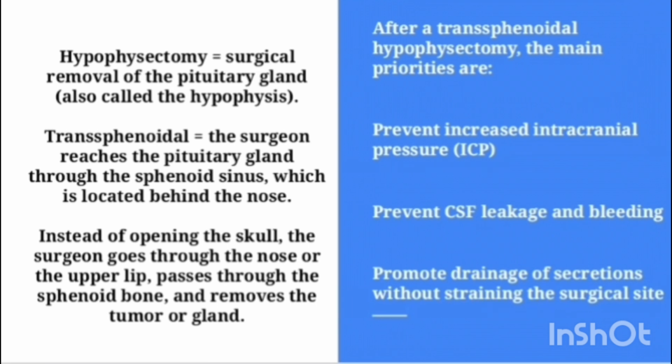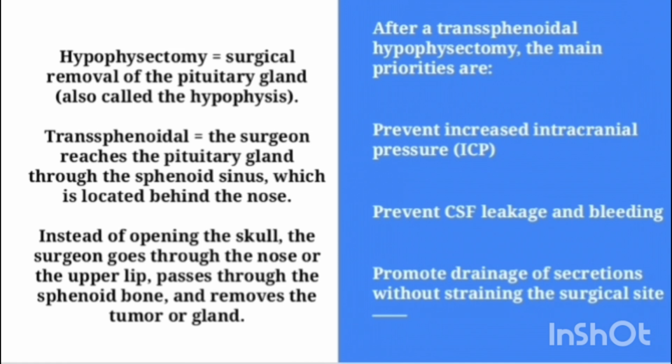Transsphenoidal means the surgeon reaches the pituitary gland through the sphenoid sinus, which is located behind the nose. That means without opening the skull, the surgeon does the removal of the pituitary gland.